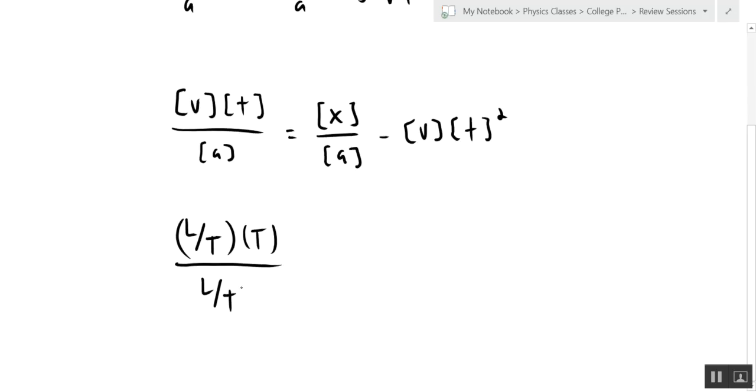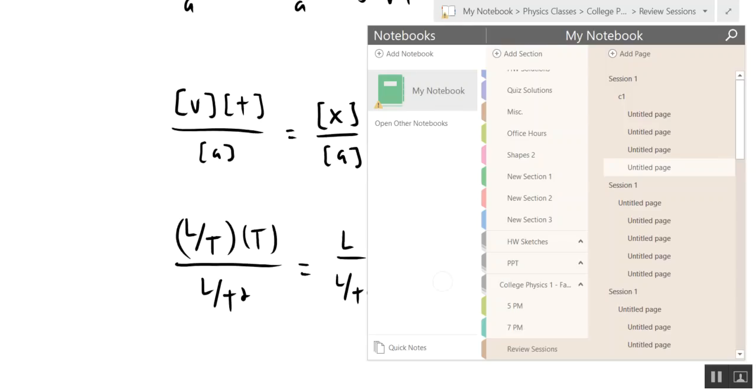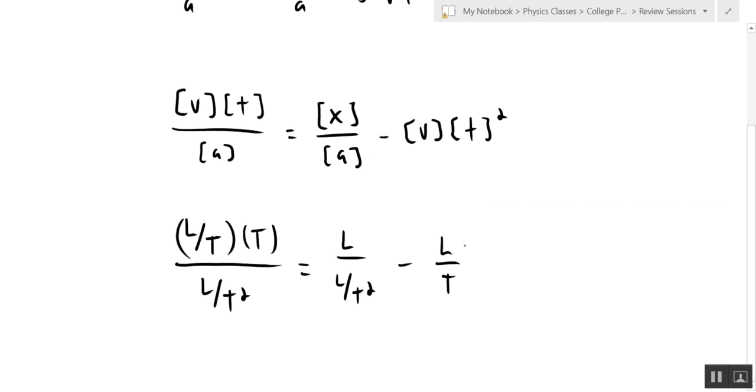Yes, L over t squared. All right, we'll simplify that in a bit, but let's just go on to the right side. What's the dimensions of x? What's the dimensions of a again? And the dimensions of v? Okay, and the dimensions of t is t, but you're squaring it, right? Because it's t squared, correct?